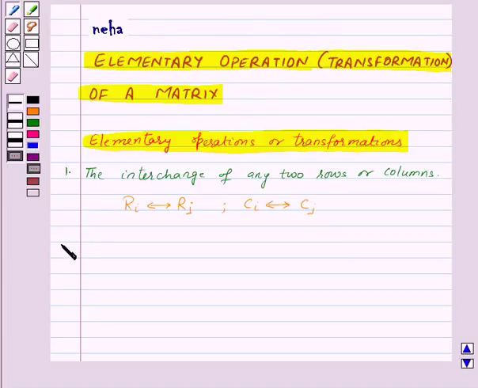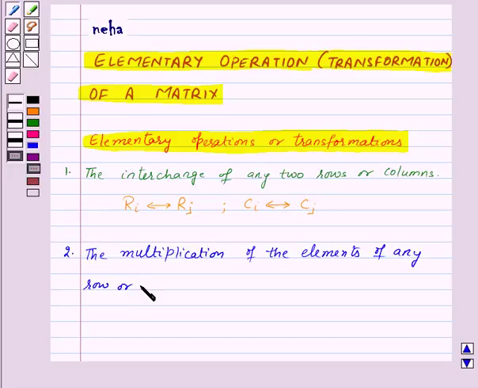Now, the second elementary operation or transformation is the multiplication of the elements of any row or column by a non-zero number.